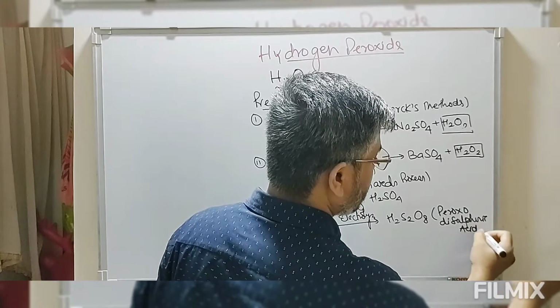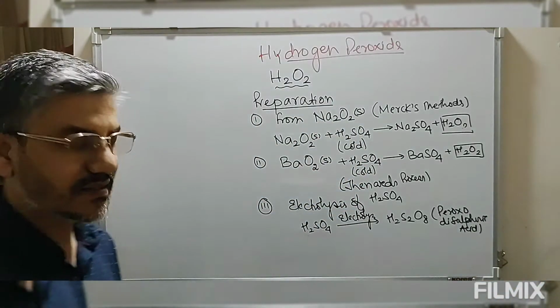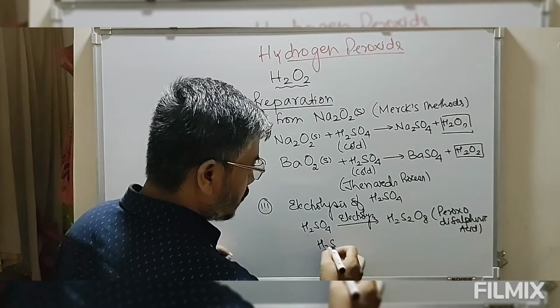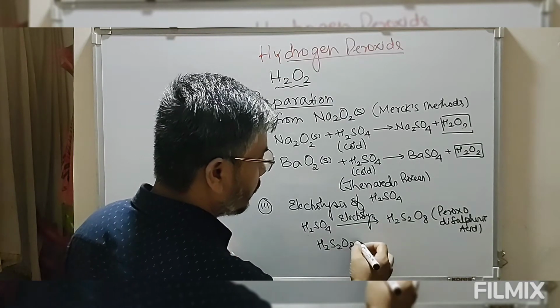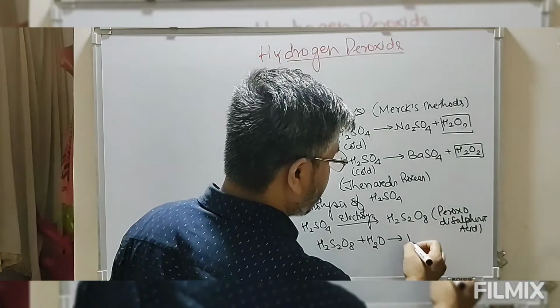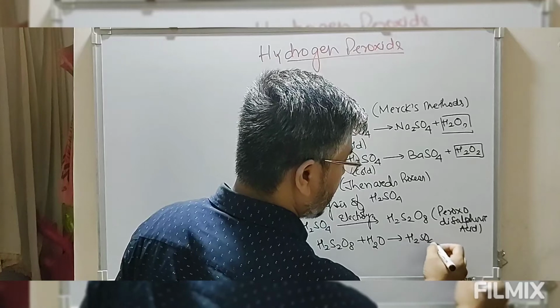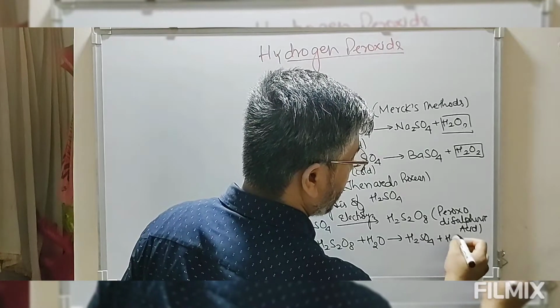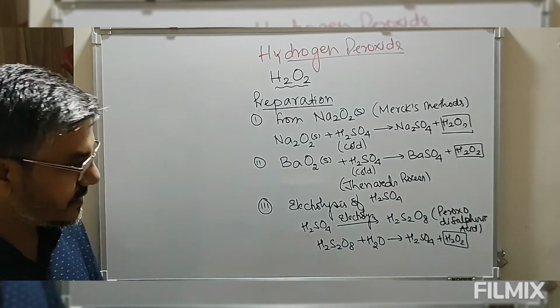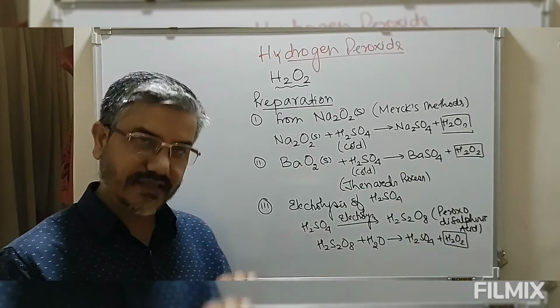Now this peroxodisulfuric acid, H2S2O8, when made to react with water, gives you sulfuric acid plus hydrogen peroxide. So first we take a sulfuric acid sample.